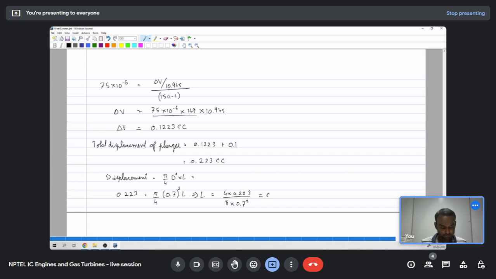So this is 0.579 centimeter or 5.8 mm. So this should be the effective stroke.